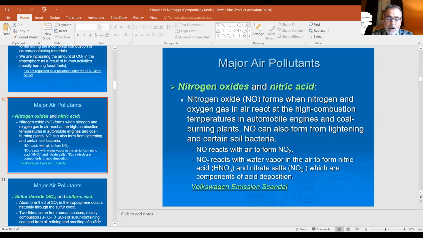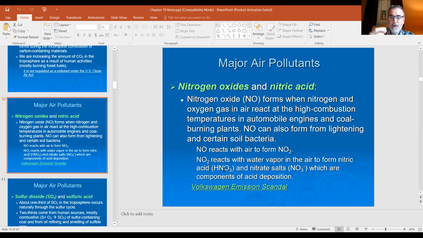Also, coal burning power plants, where you have all that heat. Frankly, anytime you're burning a lot of stuff, there's enough heat energy to get some of this forming. And the more we burn, the more we're going to produce, and then you're going to have more nitric acid or acid deposition, acid rain.